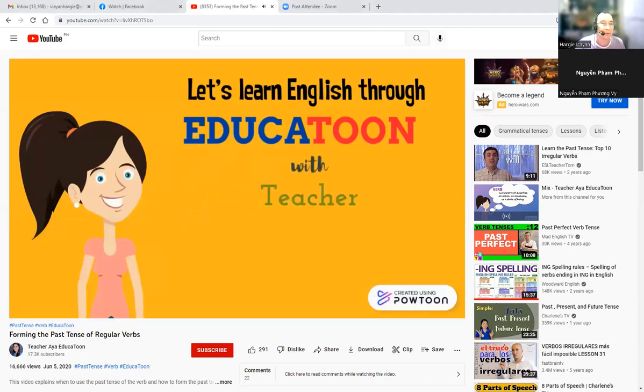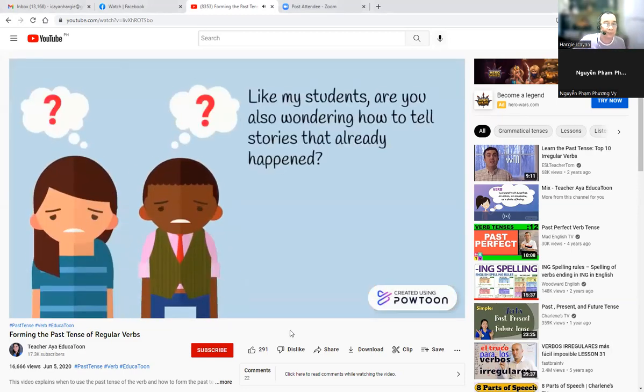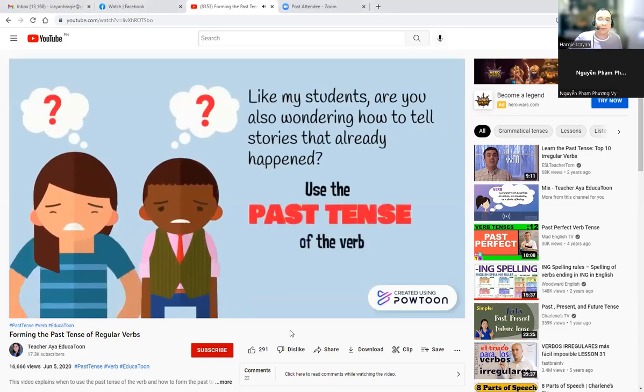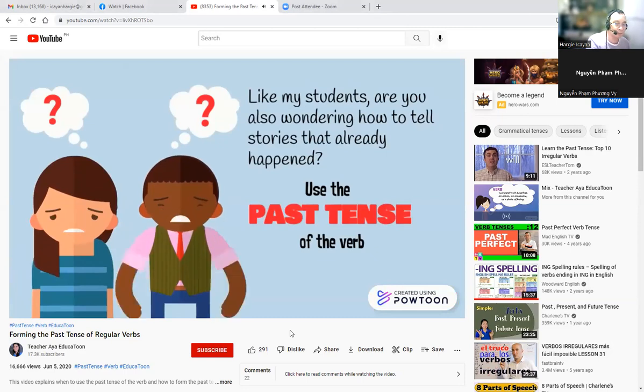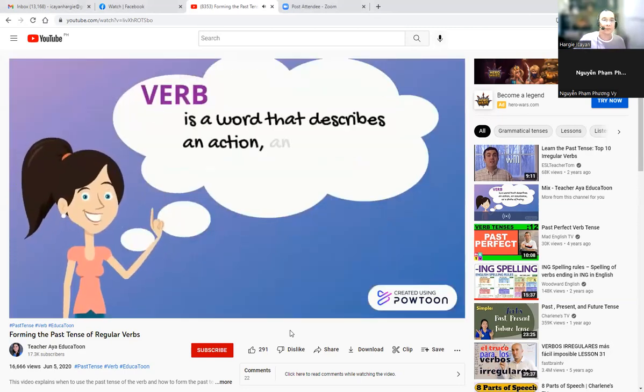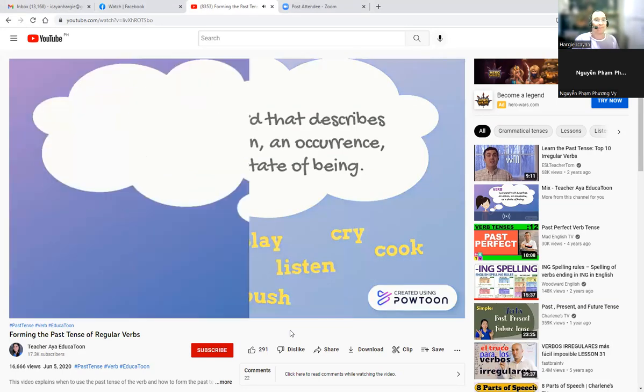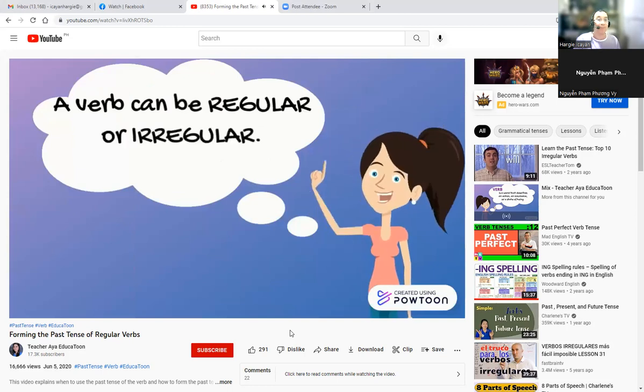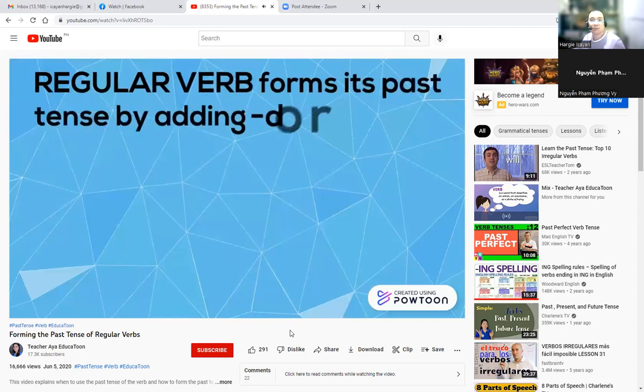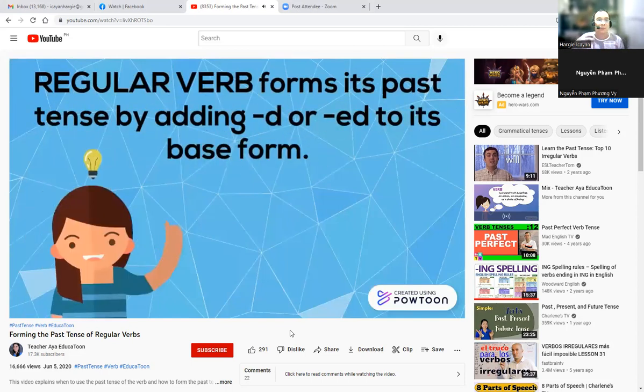Through Educa Tune with teacher Aya. Like my students, are you also wondering how to tell stories that already happened in the past? Use the past tense of the verb. A verb is a word that describes an action, an occurrence, or a state of being. A verb can be regular or irregular. A regular verb forms its past tense by adding d or ed to its base form.